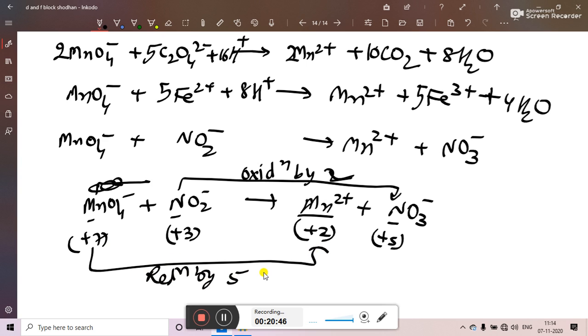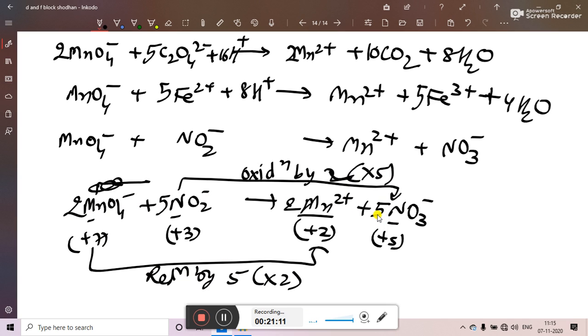So here we have to multiply with 2, and here we have to multiply with 5. Wherever this arrow is there, we multiply with 2, and wherever this arrow is there, we multiply with 5. Then we balance the charges. On the left hand side, total charge is 2 minus and 5 minus, so 7 minus, and on the right hand side it is 2 times 4 plus and minus 5, so that is minus 1.